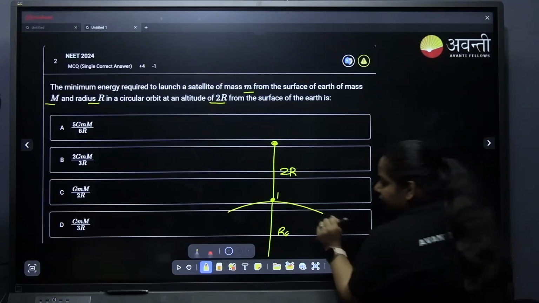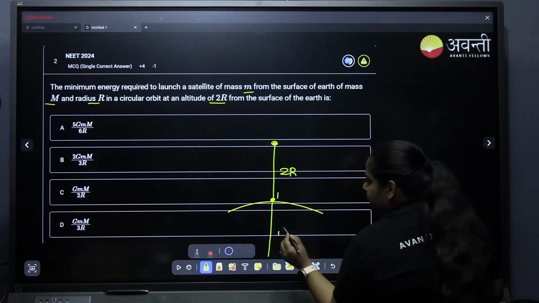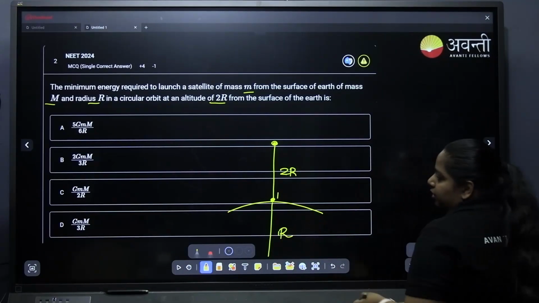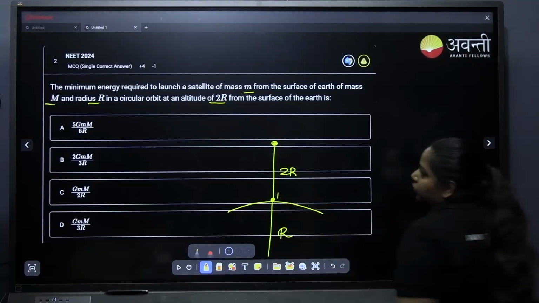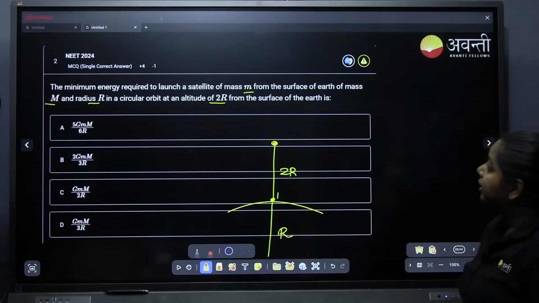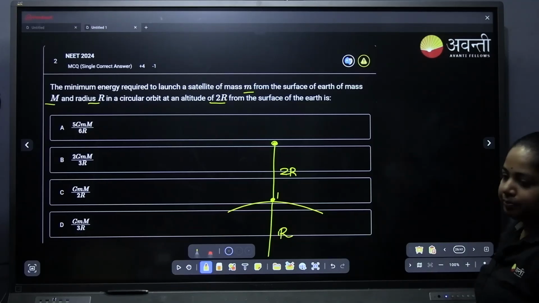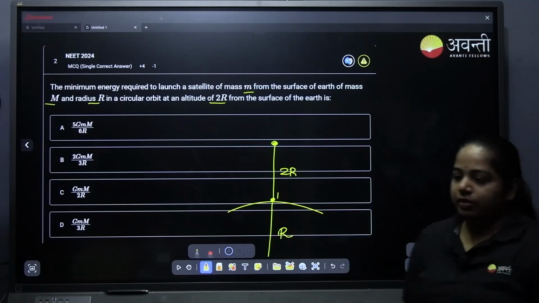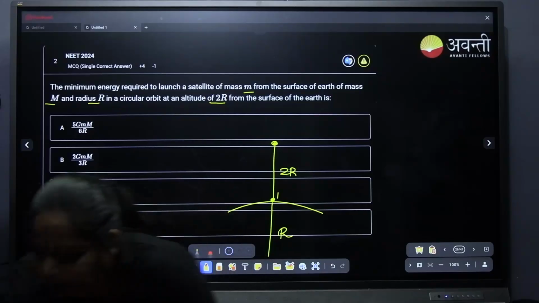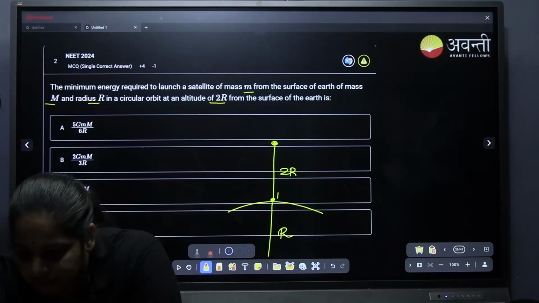From this point to this point we have to launch something, and we need the minimum energy for that. Wait a second, you try on your own, then I will give the answer.